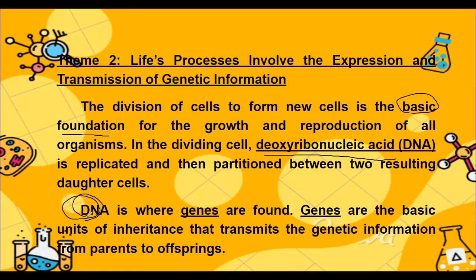And also, DNA controls the production of proteins through an intermediate molecule. So this intermediate molecule is known as ribonucleic acid or the RNA. And the process of transcribing genetic information to proteins is known as gene expression.